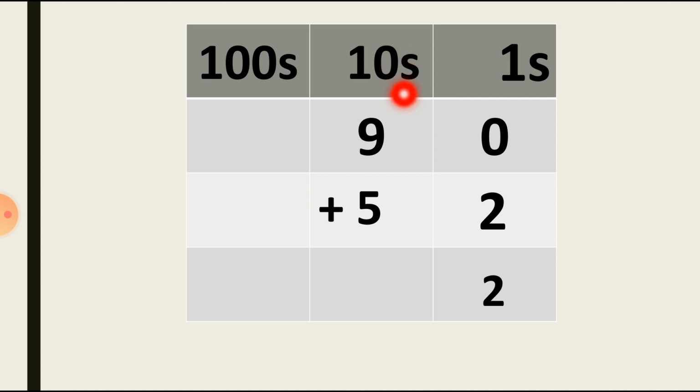Students, 9 plus 5 is equal to 14. So we can write 4 under the tens column, and the other one will move to the hundreds column as a carry forwarded number. So I hope you understood this, students.